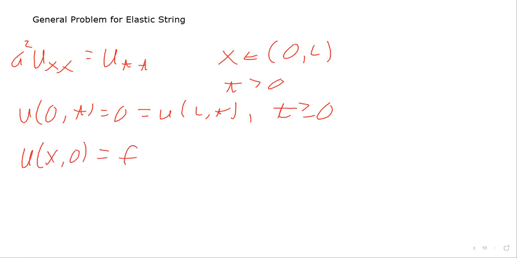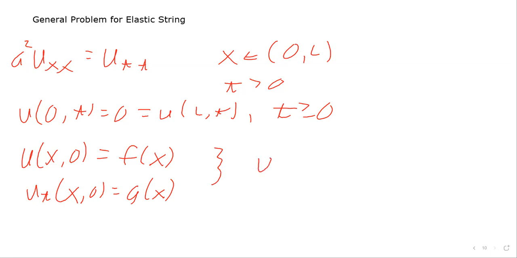Our initial position will be given that. Our initial velocity is there. And for this one, our x is between 0 and L. Let me make those look a little bit better.